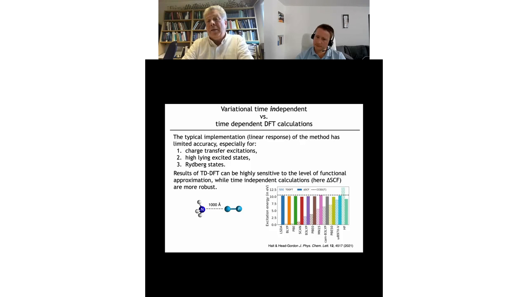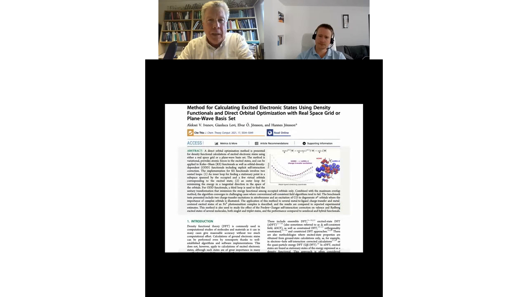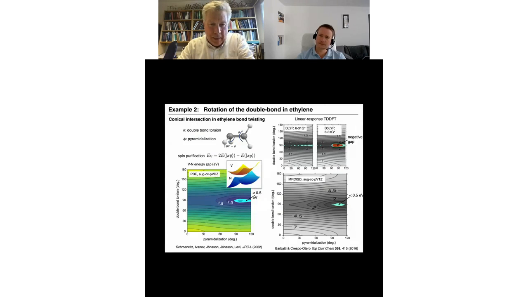But they show here how sensitive the excitation energy is to the functional used if you do a time-dependent DFT calculation. Whereas if you do a variational calculation in a delta SCF calculation, you get very much the same results for different functionals. It's a much more robust calculation. Anyway, I'm just going to flash this a little bit here.